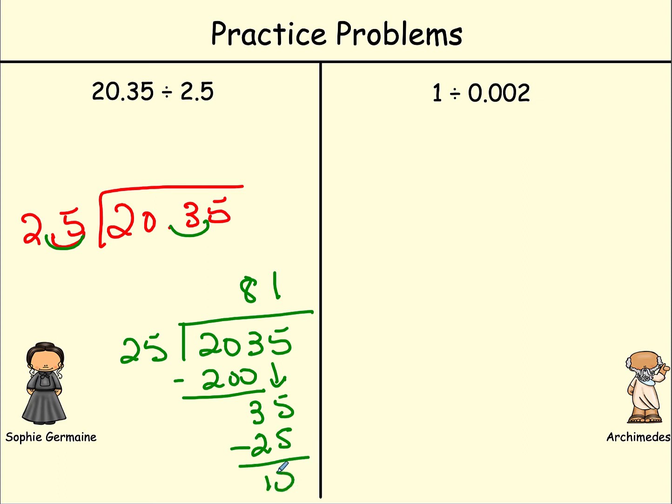So now remember, when you reach the point where we still have a remainder, but we have nothing else to bring down, you add a decimal point after the last number you brought down, and also make sure you put it in your quotient, and now you can go ahead and add as many zeros as you want to keep going. So I'm going to bring down a 0. 25 goes into 100 exactly 4 times. So our quotient is 81 and 4/10.